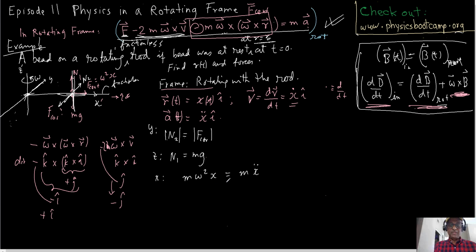So this one we need to solve using the initial condition, right? So the m goes away, so x equals some a e to the power of omega t plus some b e to the power of minus omega t.